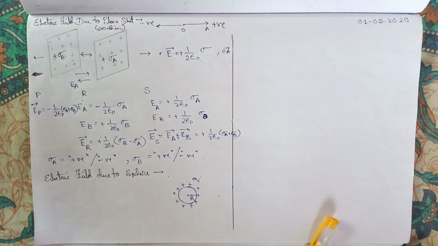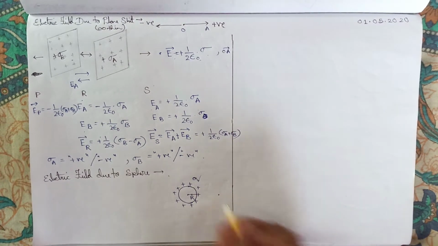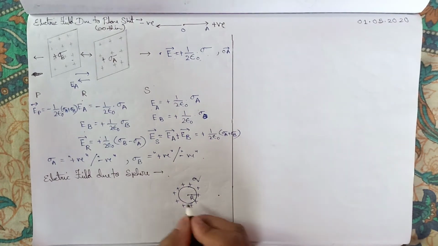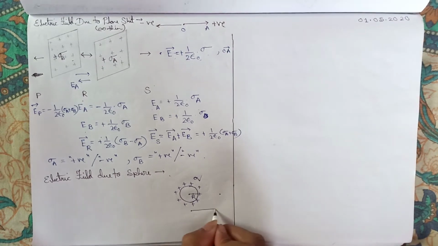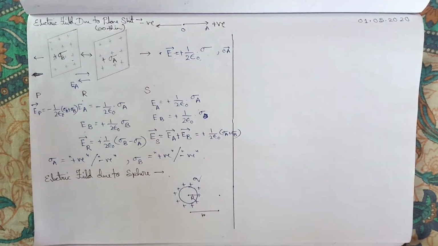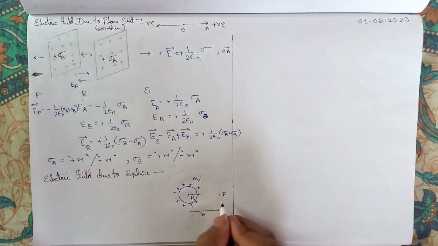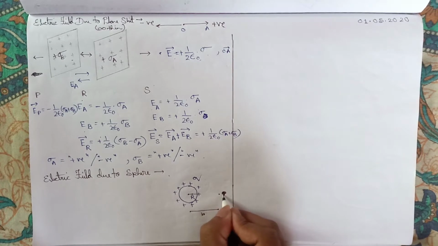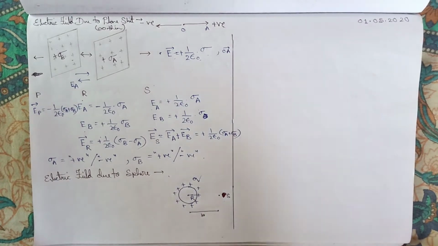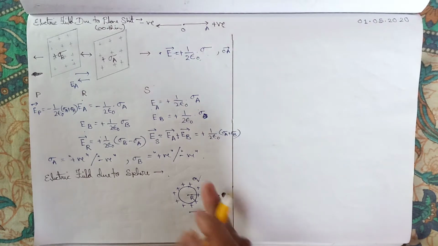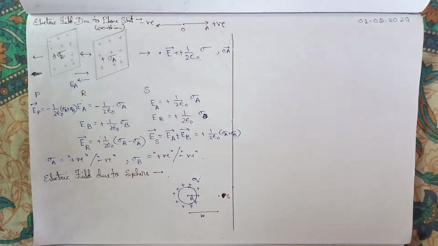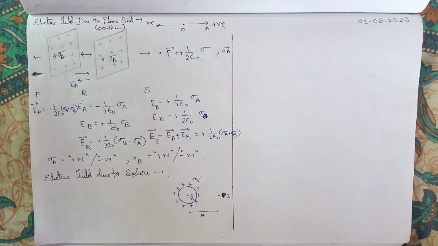To find it, we will again apply Gauss theorem. How? Let's say this point is r distance away from the center, so we can call it point S. As we did in the previous video when proving Gauss law, we were just proving Coulomb's law.